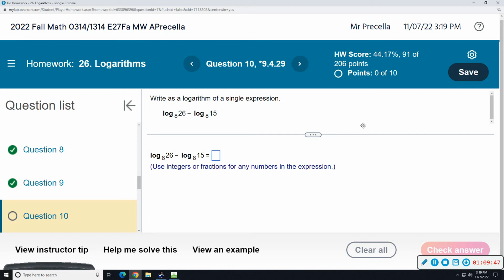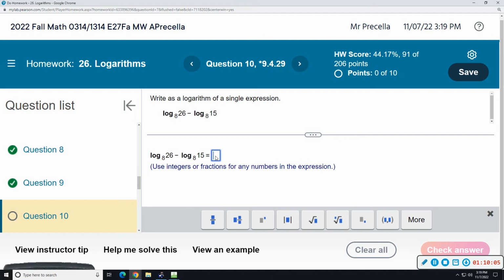Goes on top. The stuff that has the minus in front goes on the bottom. So log base 8 of 26 minus log base 8 of 5 is log base 8 of 26 over 5. There's not a lot of work here.